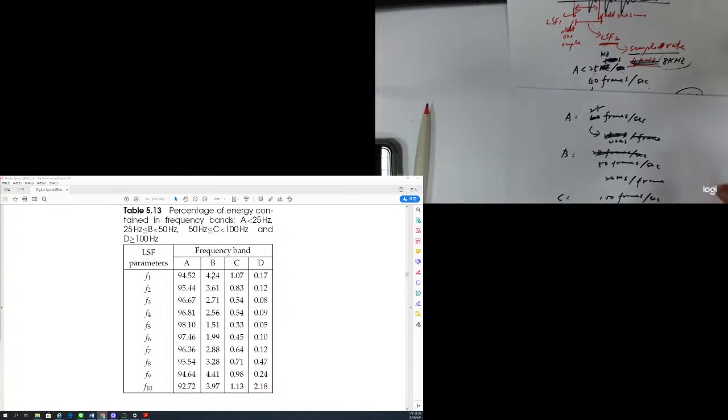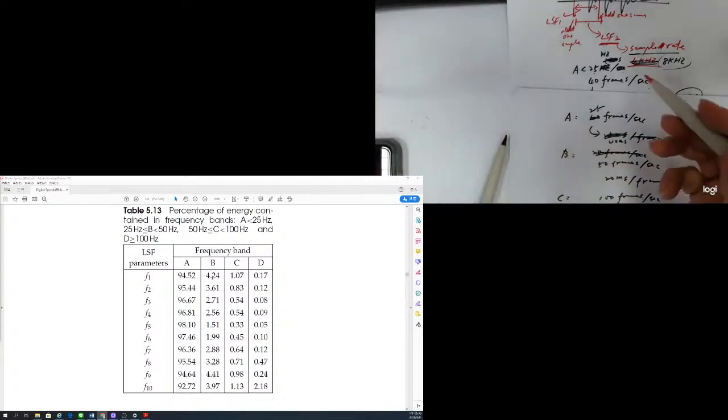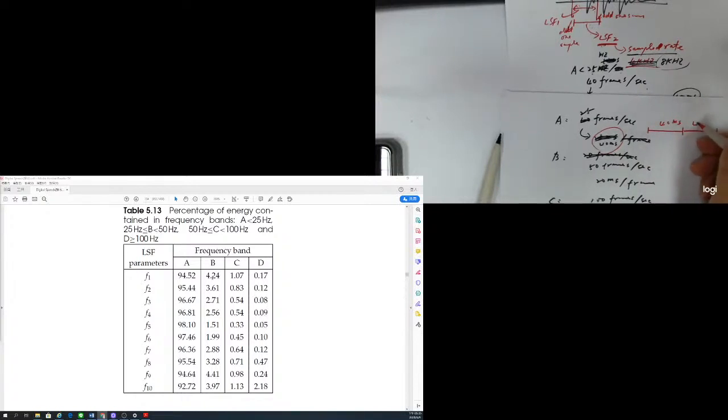What do they want to say? If your speech frame is bigger, say 40 milliseconds, you generate line spectrum frequency 1, line spectrum frequency 2. What is your coverage?